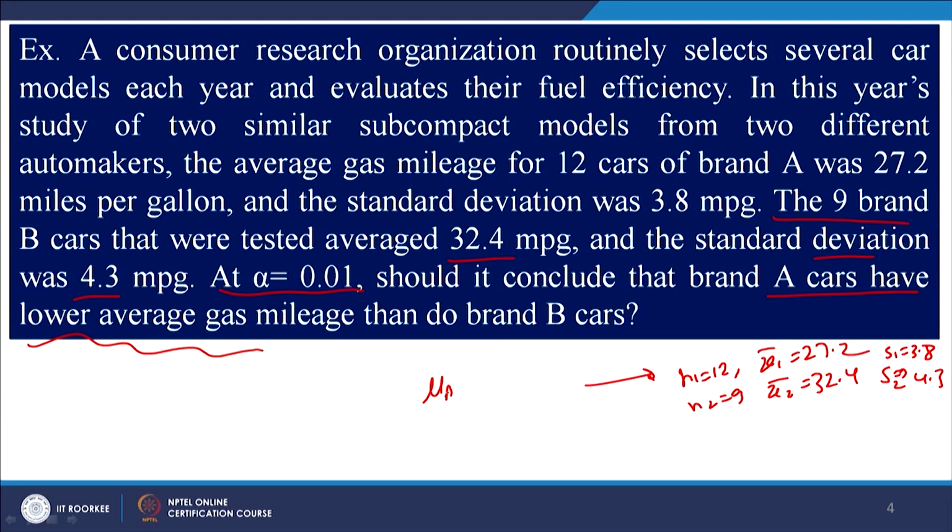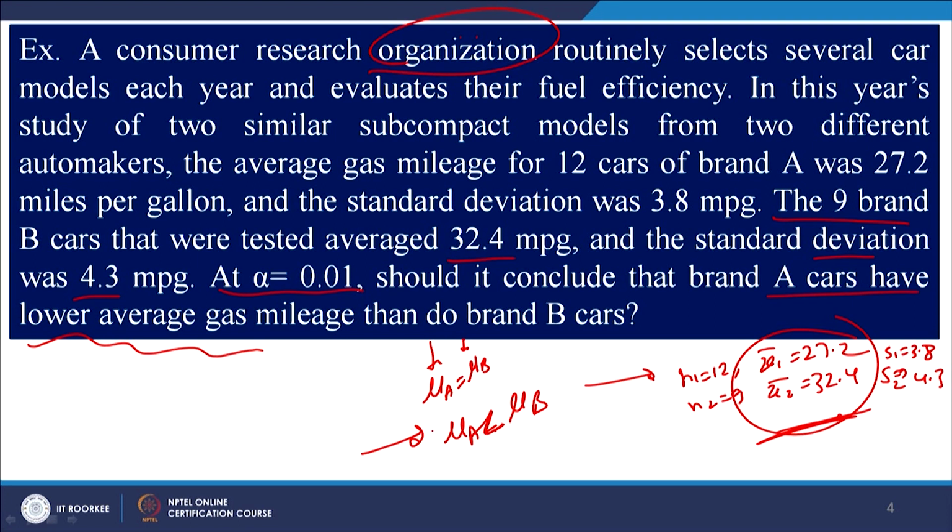Let us say mu A is equal to mu B. These are in fact sample means, so we will say that the population means of A and B are the same. Can this organization conclude brand A cars have lower average? So, mu A is less than mu B. This is our alternative hypothesis.